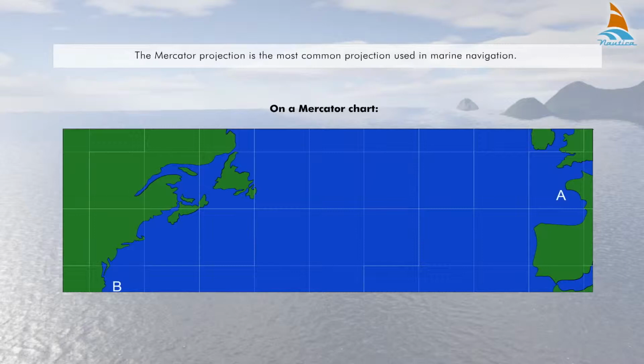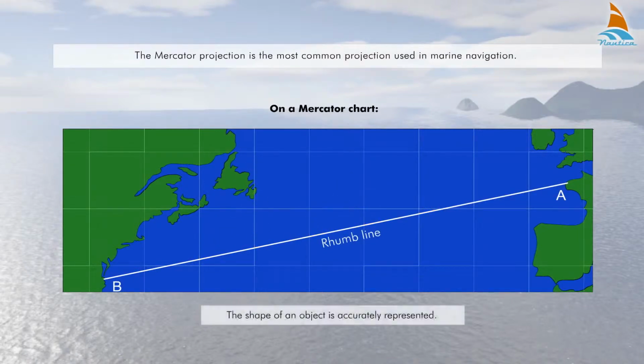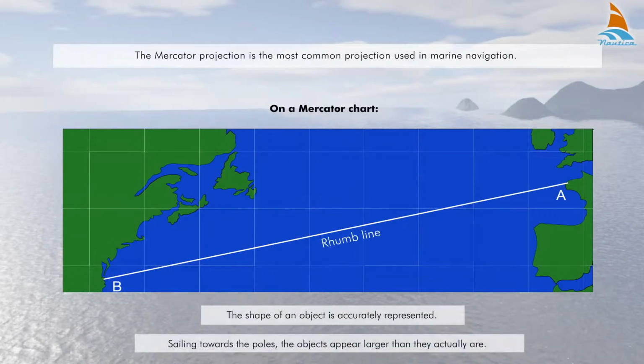The directions can be accurately plotted, and a course can be plotted from one point to another, making it possible to sail along that line, by steering a single compass course. This is called the rhumb line. The rhumb line crosses all meridians at the same angle. The shape of an object is accurately represented. Sailing towards the poles, the objects appear larger than they actually are.